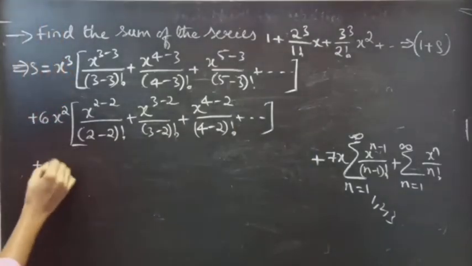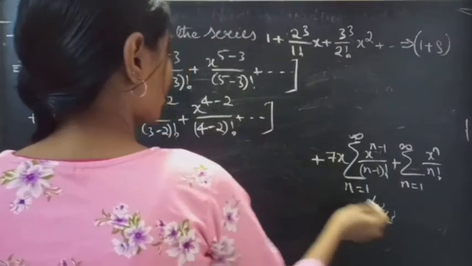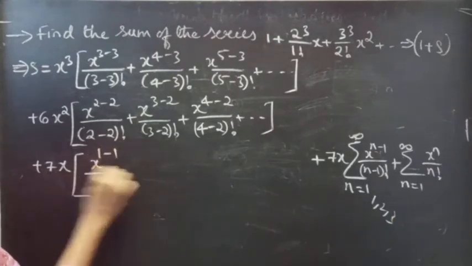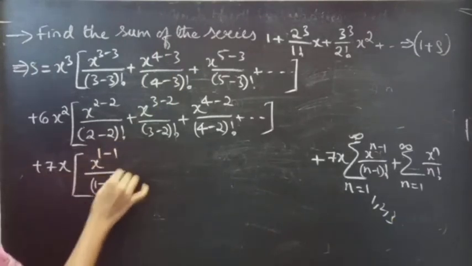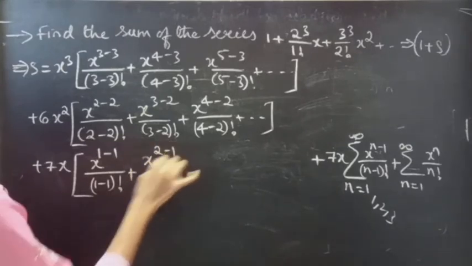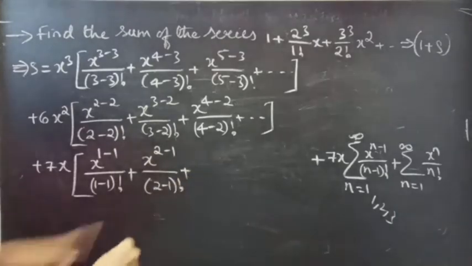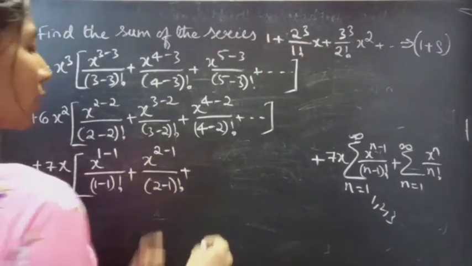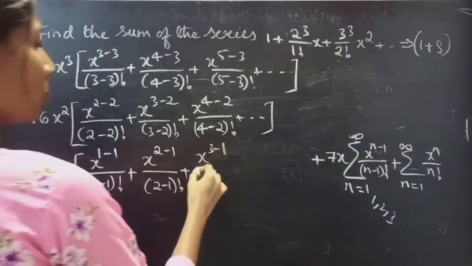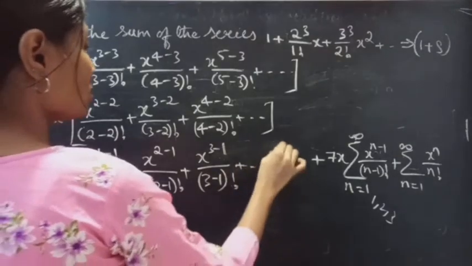Plus 7x into, for n equals 1, 2, 3. For n equals 1, you'll get x power 1 minus 1 by 1 minus 1 factorial plus for n equals 2, x power 2 minus 1 by 2 minus 1 factorial plus for n equals 3, x power 3 minus 1 by 3 minus 1 factorial plus so on.